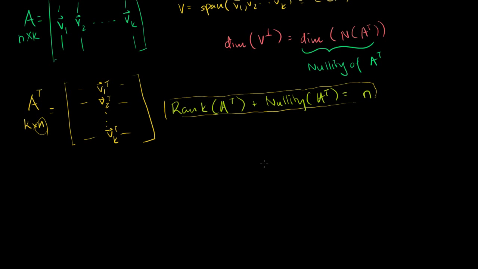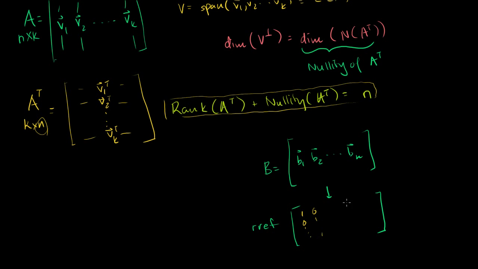If I take some vector b here, and it has a bunch of column vectors, b1, b2, all the way to bn, and I put it into reduced row echelon form, you're going to have some pivot columns and some non-pivot columns. So let's say this is a pivot column. I got a 1 and a bunch of zeros. Let's say that this is one of them. And then let's say I got one other one, it would be a 0 there, and a 1 down there. And everything else is a non-pivot column.